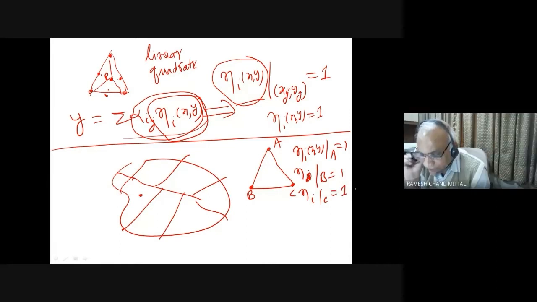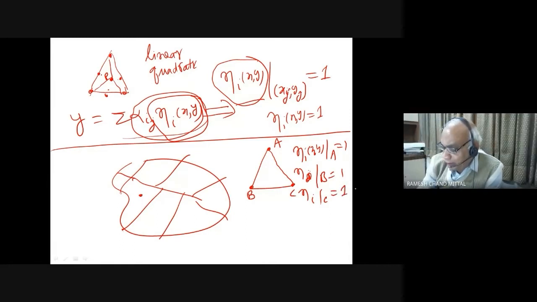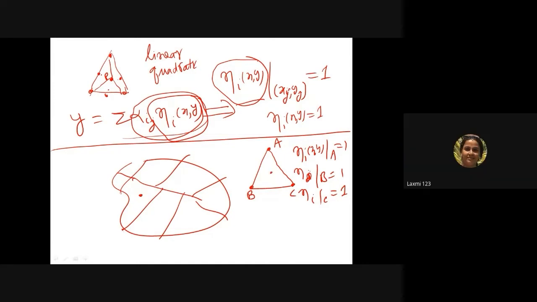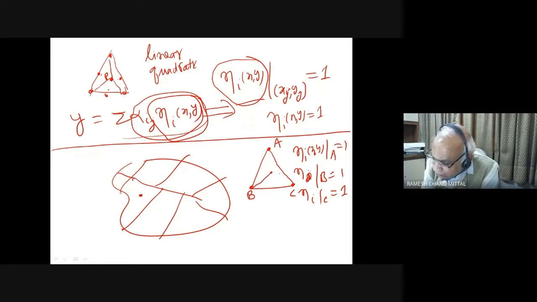Now, if I take any point interior to the triangle, then a barycentric coordinate system is there. The area of this sub-triangle divided by the area of the whole triangle is the approximation at the interior point P. And the area of this other triangle divided by the area of the whole triangle gives the B coordinate, and so on.